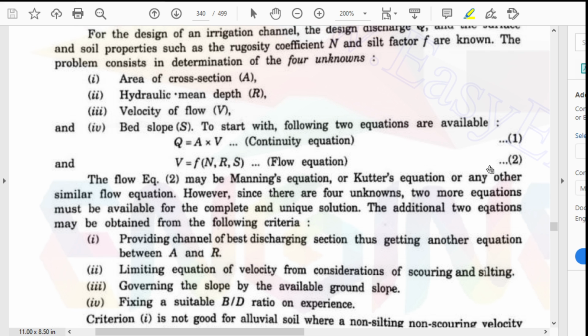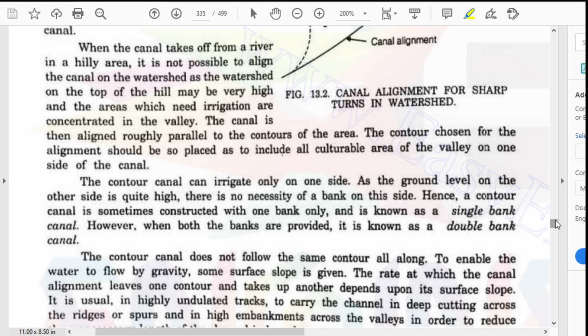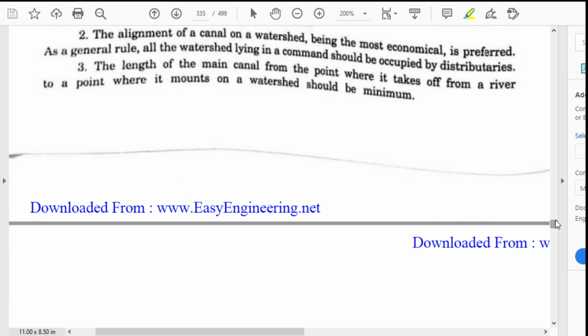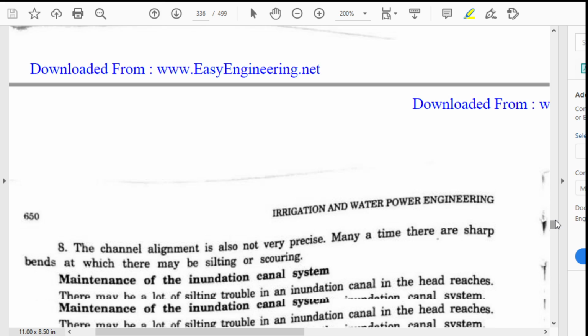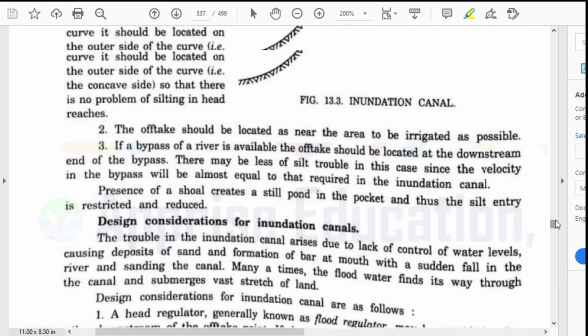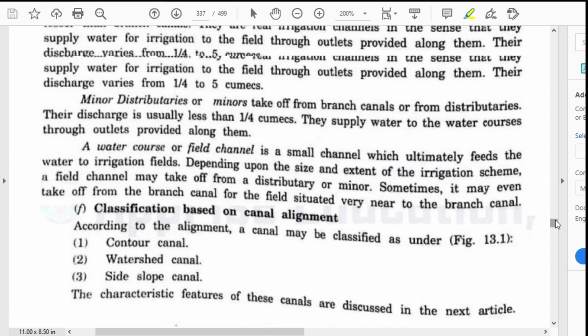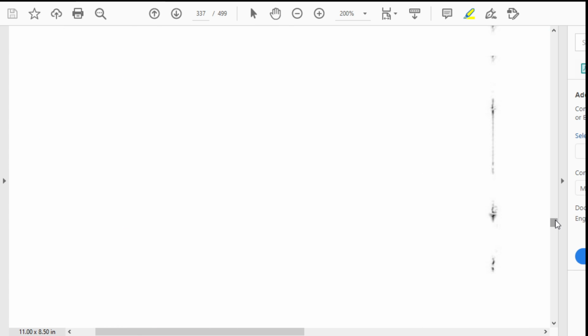Here in this book you can see that the hydraulic mean depth is denoted by R. So V equals C root R can be the equation for your velocity of flow. Okay, just a second.